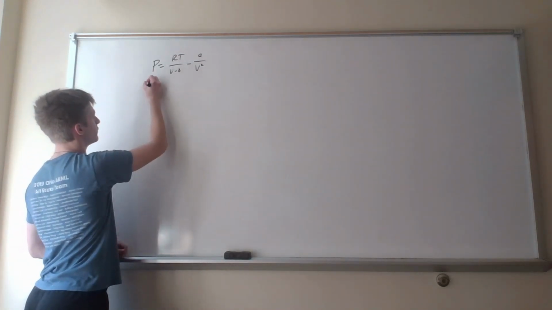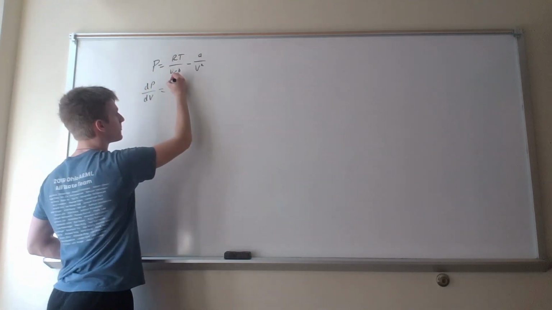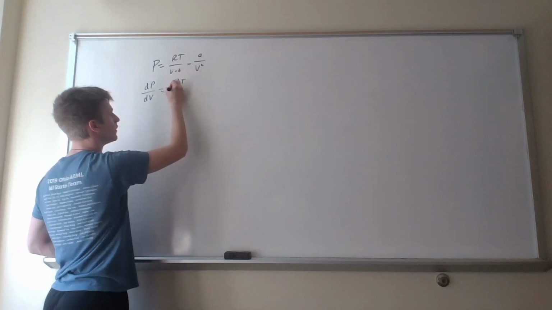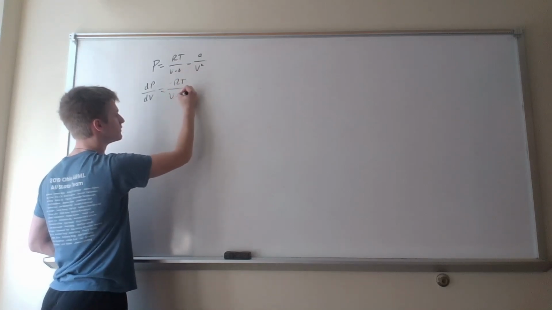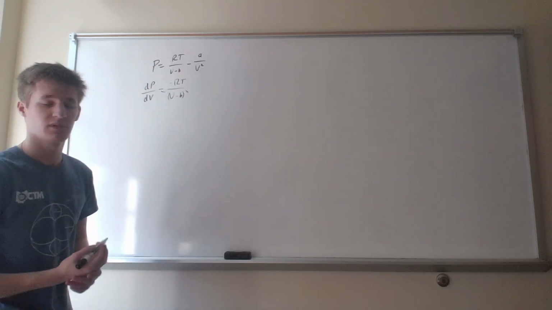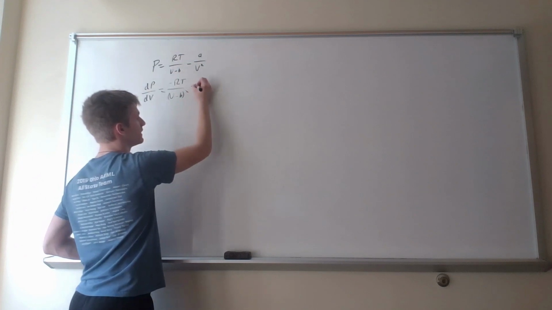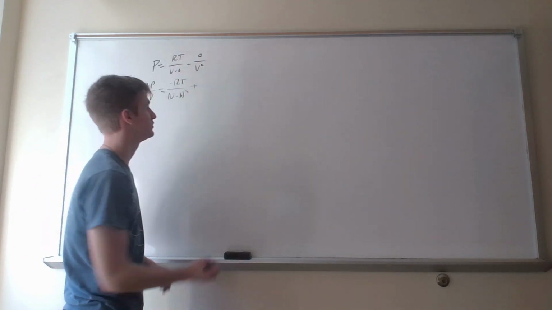right? So dP/dV equals minus RT over (V minus B) squared, because we multiply by the power, which is -1, and then reduce the power. And for the left side, we multiply by -2.